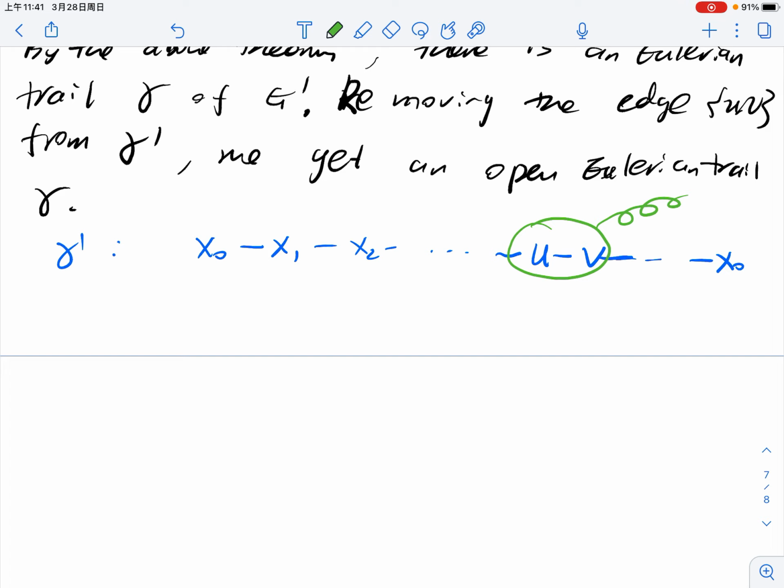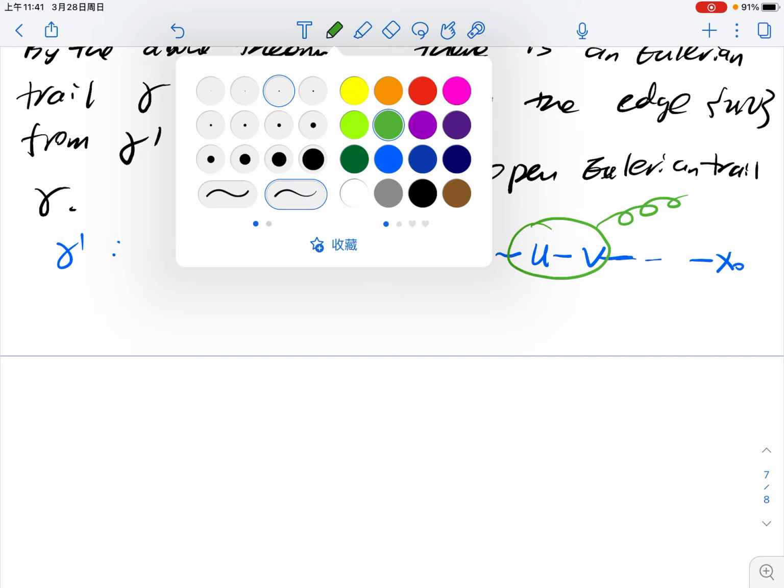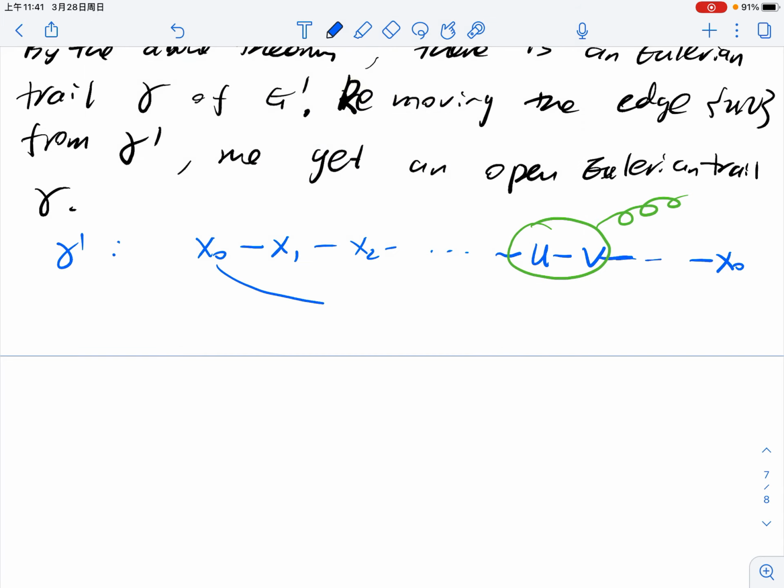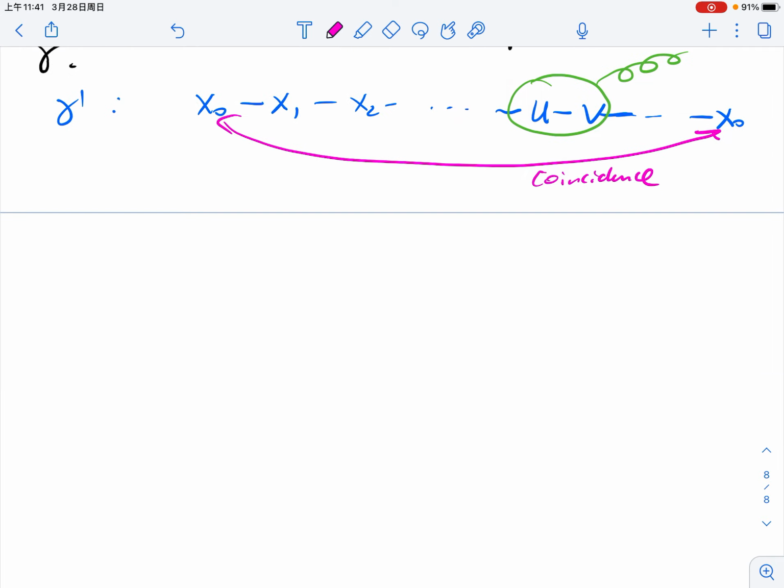But then if you note that this actually is a circle, that is, this is the same as also. You have the coincidence here. Then after you remove UV, you have an open trail instead of two trails.